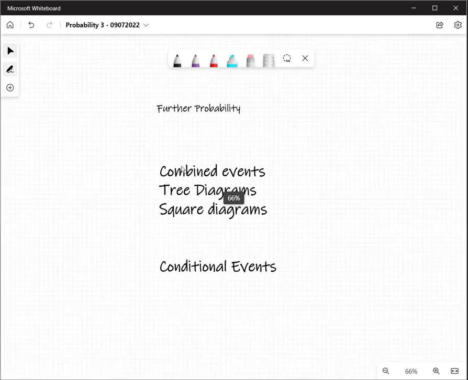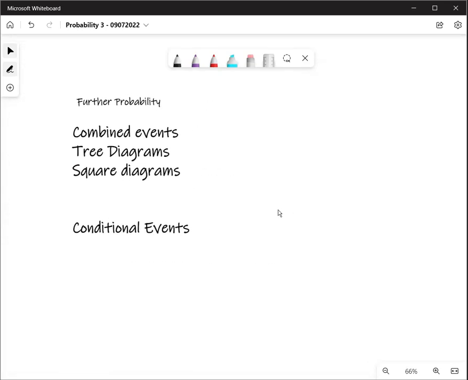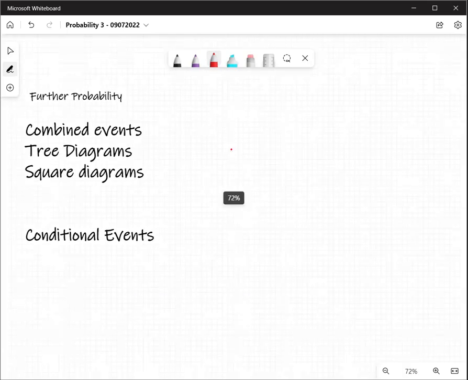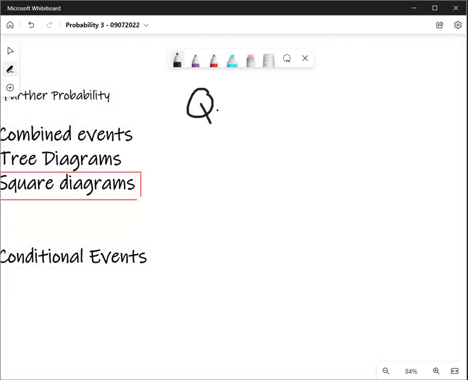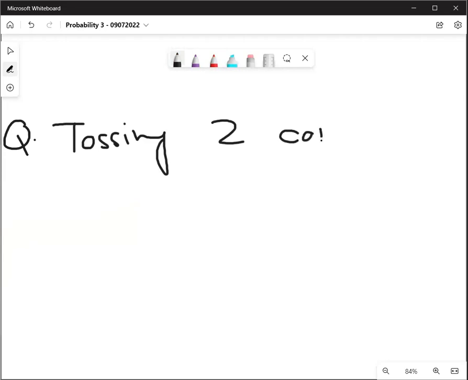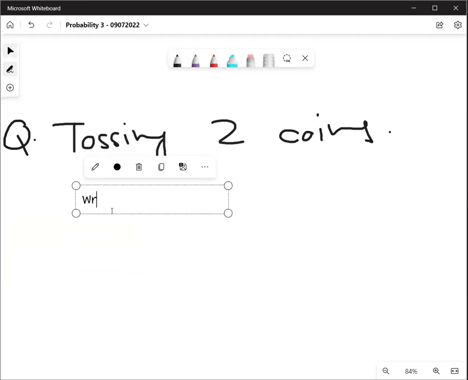Let's start with combined events. The first thing in combined events is the tree diagram. But before we do the tree diagram, let's do the square diagram because you have done that already in class. Let's take an example: you're tossing two coins, and I need you to write all possible events that can occur.